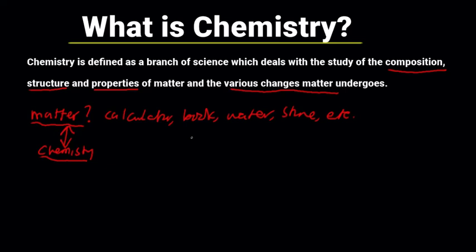So, chemistry does four things. Chemistry helps us to know the composition, the structure, the properties, and the various changes matter undergoes. So if these four things are in place, then we are talking about chemistry. An example is, let's take a look at water.